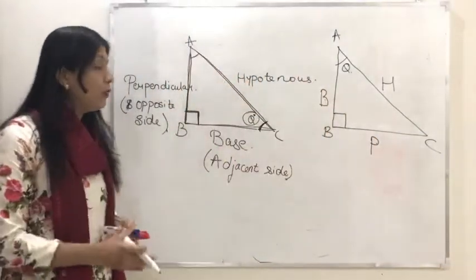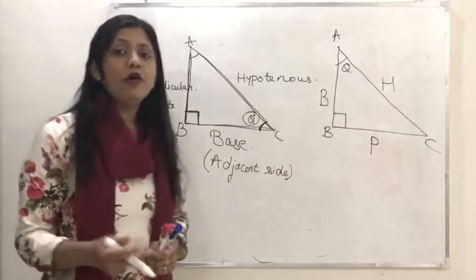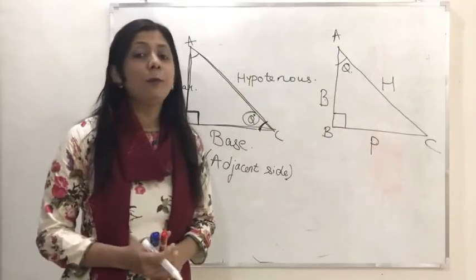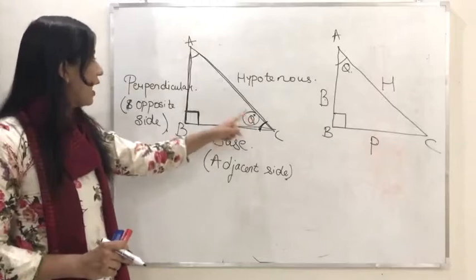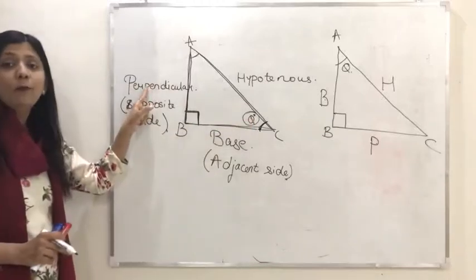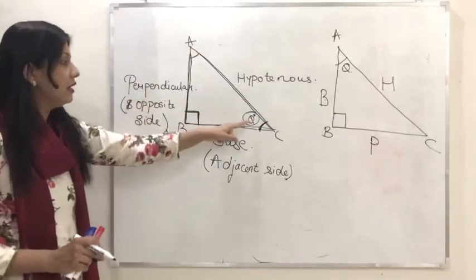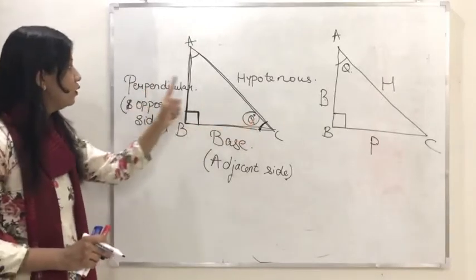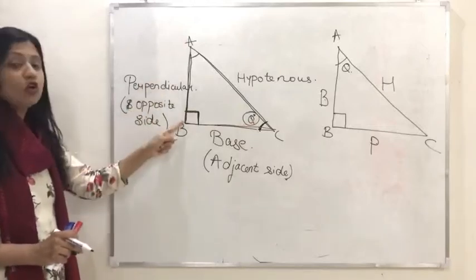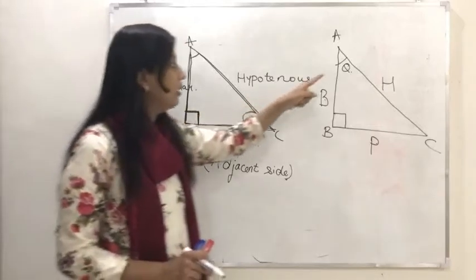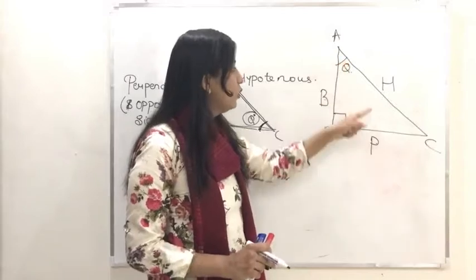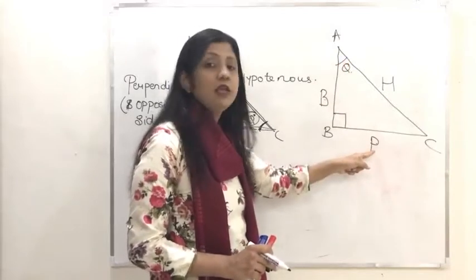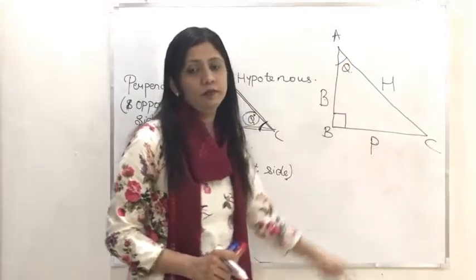So you have to be careful which will be your perpendicular and which will be your base. Always remember the side opposite to angle theta will always be your perpendicular. Here theta is here, so opposite to theta this AB is your perpendicular, and here theta is here, so the side opposite to theta is this BC, so BC is your perpendicular.